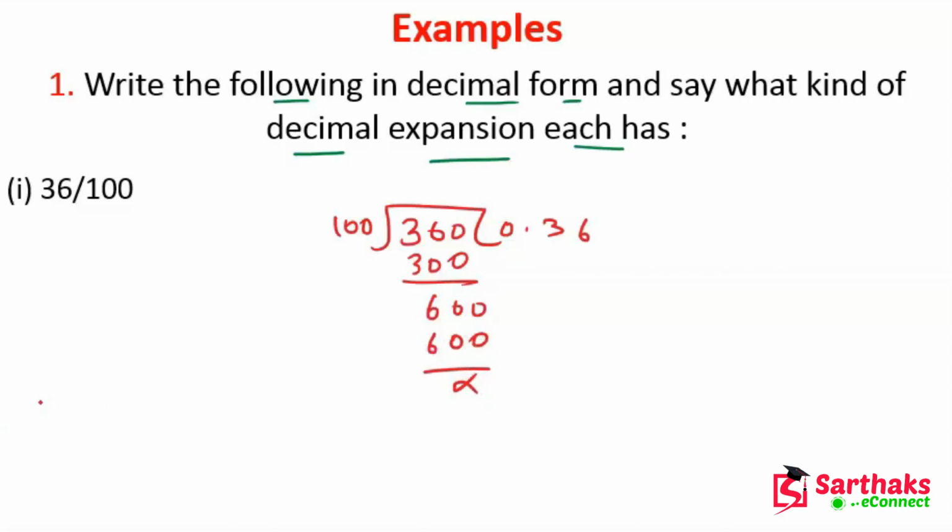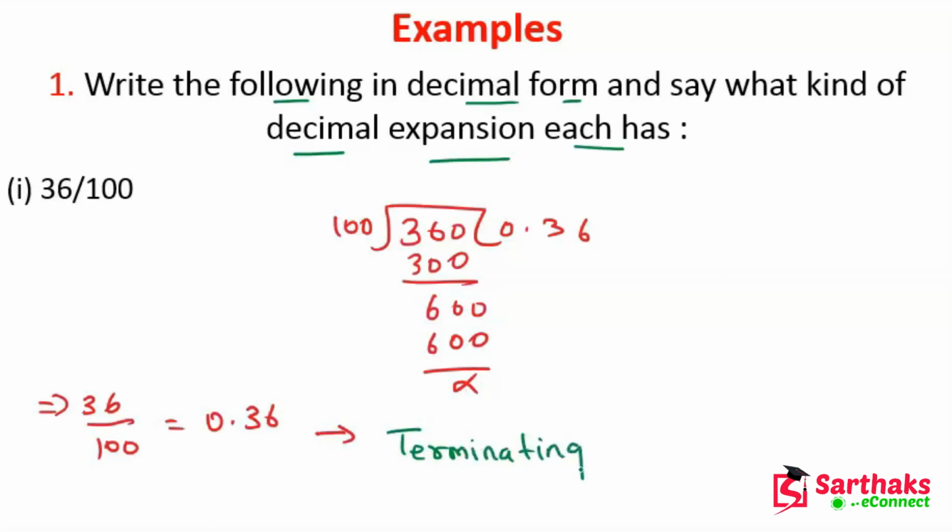So we get 36 upon 100 equals 0.36. This is a terminating decimal, because in this case the remainder becomes 0. Now let's move to the next question.